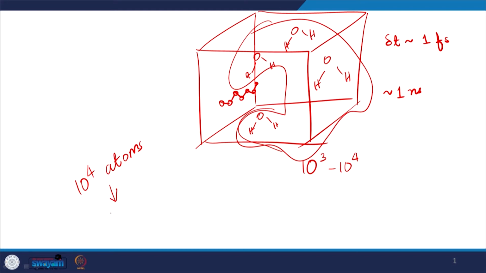So, in a sense you are simulating 10 to the power 3 CG units only, but of course, now each of the CG units contains 10 atoms and we are not simulating the atoms themselves. So, we have lost some resolution. We are not looking at what is happening within those 10 atoms, we are looking at what is happening between the CG units, not the atoms itself.